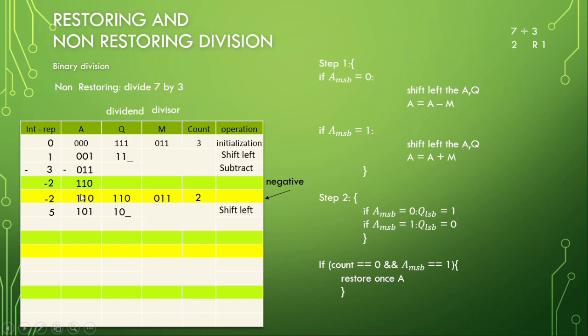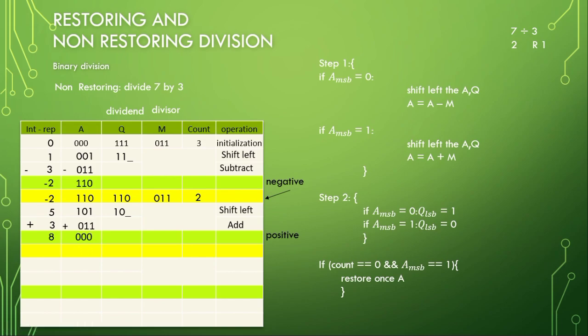Because this is negative, we shift left the accumulator and the dividend, and then we perform an addition. So now we're going to add 5 to 3. When we add 5 to 3, we get a value of 8, and 8 is positive.